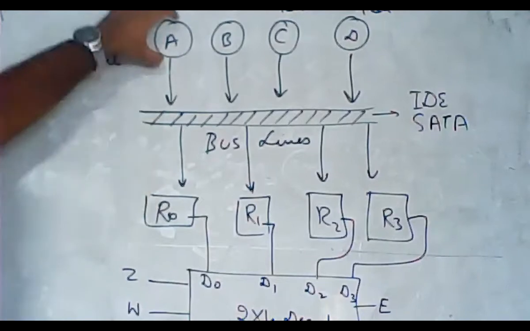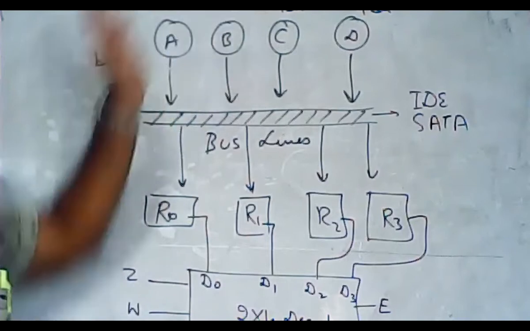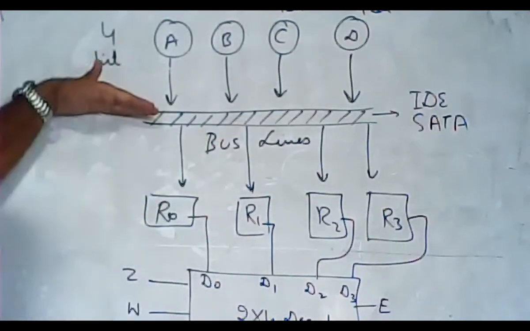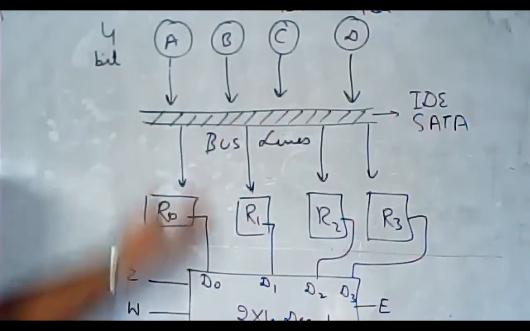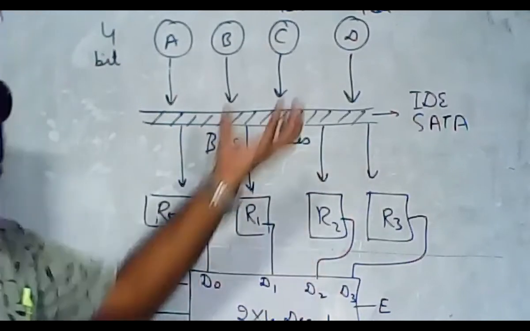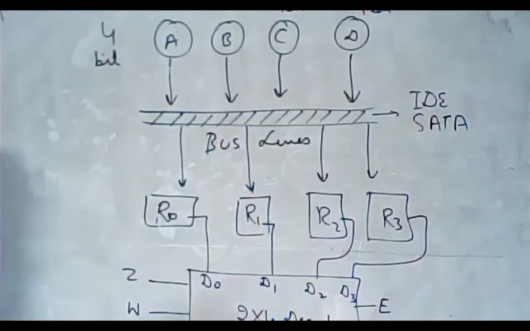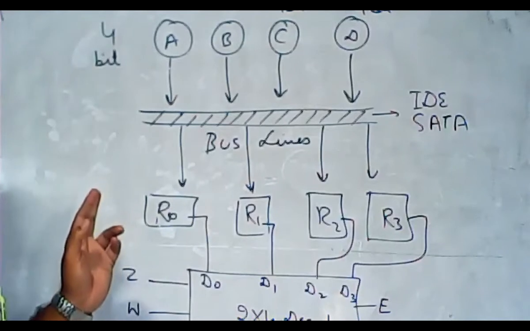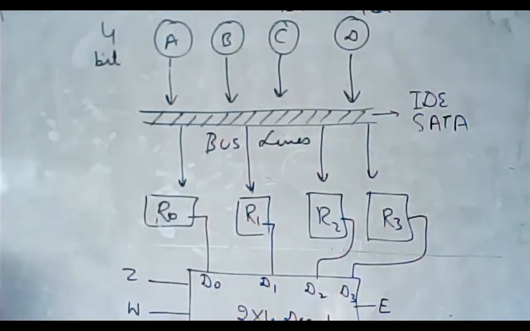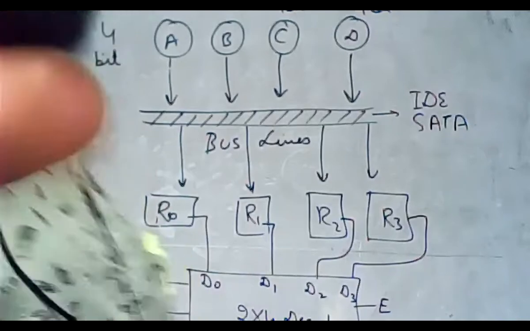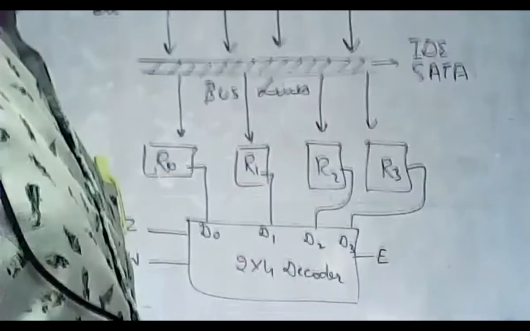The upper registers are writing the data onto the bus and the lower registers are reading the data from the bus, right? So how will this writing be performed using the decoder?